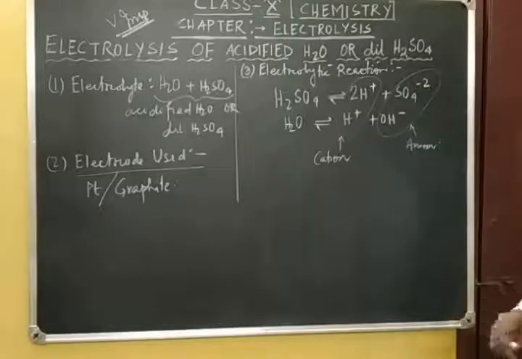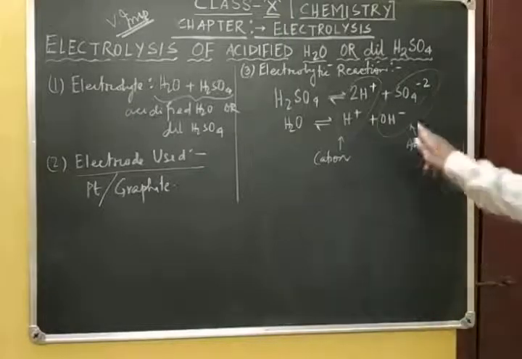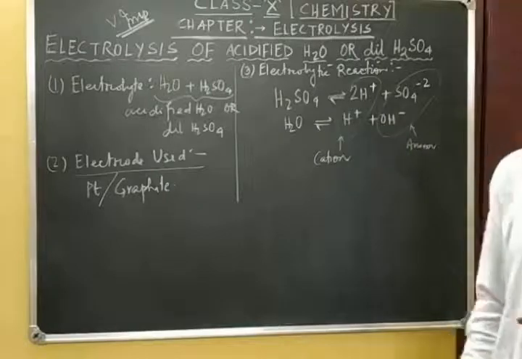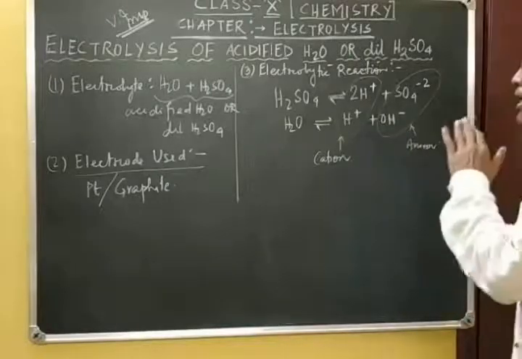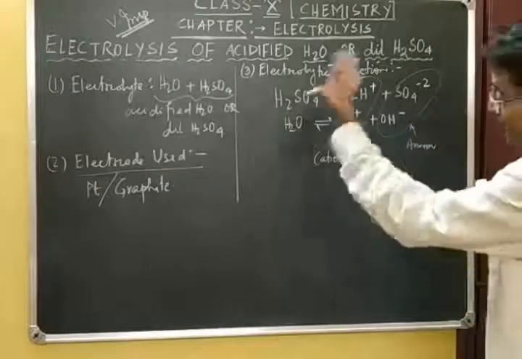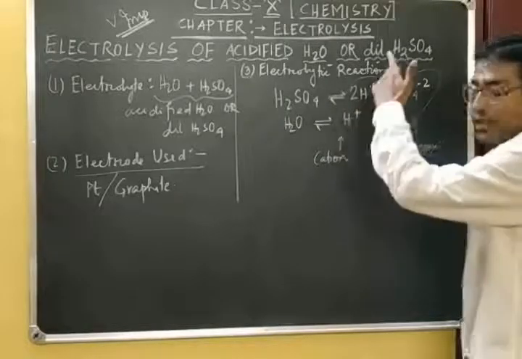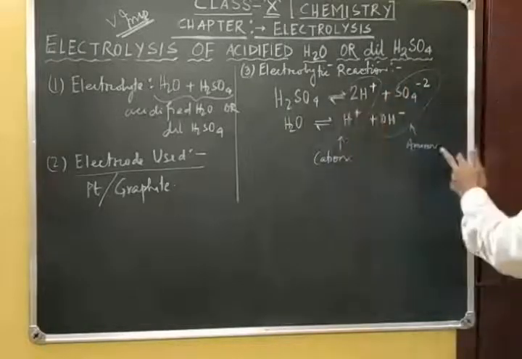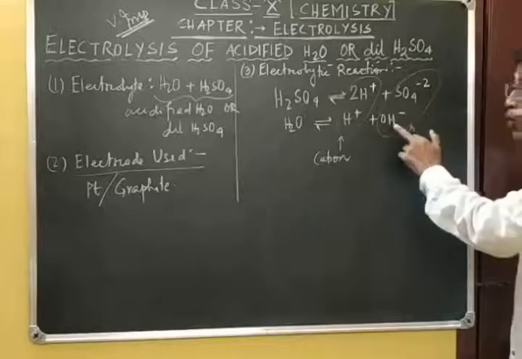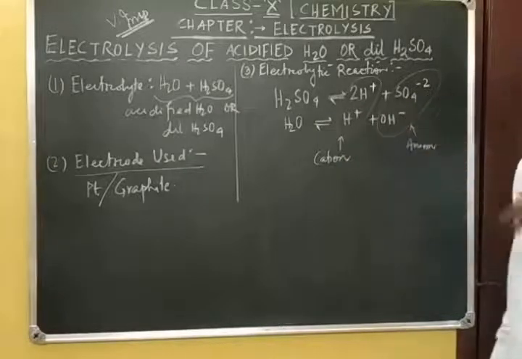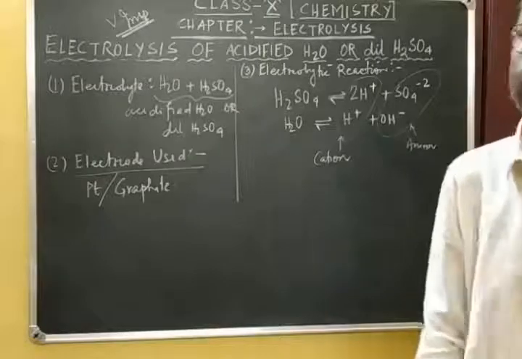So as a cation at the cathode, which one will be liberated? Hydrogen. And at the anode, what will be liberated? OH, not the sulfate. So this is an application of preferential discharge.